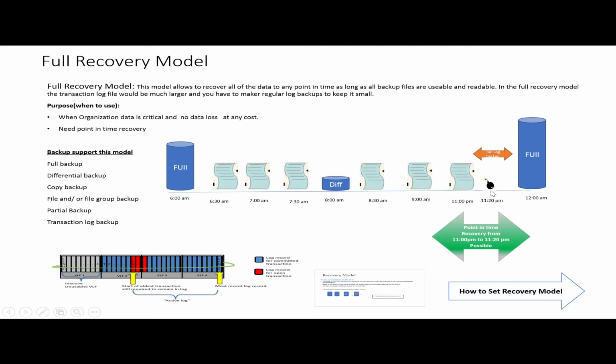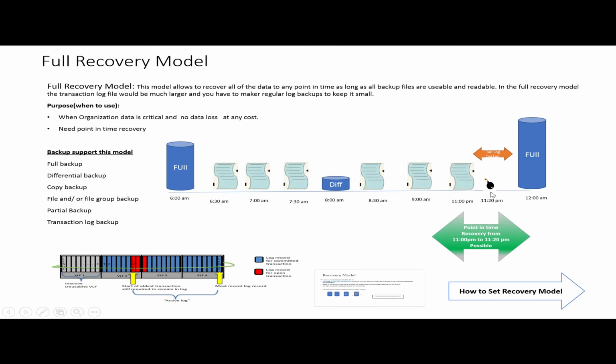This is the point in time data we can recover from 11 to 11:20 because this is the full recovery model. To recover this data, we need to take the tail backup for this database. So because of this full recovery model, the point in time recovery is possible.